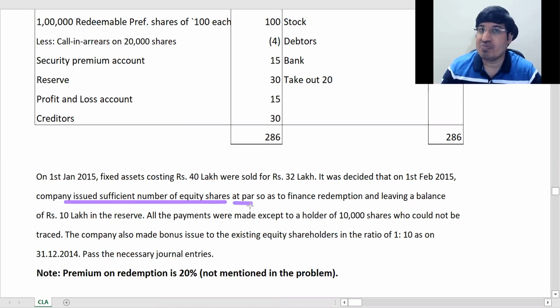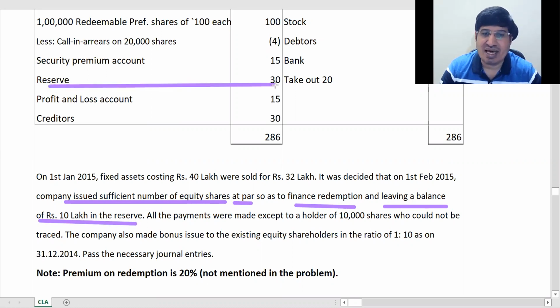So you also know that there is no premium which you are collecting on it. ठीक है, at par to finance the redemption and leaving a balance of 10 lakh in the reserve. ठीक है, तो ये बोल रहा है कि ये रिजर्व में 10 लाख बैलेंस वो छोड़ रहा है। इसका मतलब क्या हो? 10 lakhs मतलब we assume that हाँ, he would have taken out 20, only then reserve में 10 lakh बचेगा। Okay, so यहाँ 20 निकाल रहा है, ये देख के total amount we know that he needed 80 lakhs for capital component. So we are issuing shares for 60. Okay, this is what we got till here.